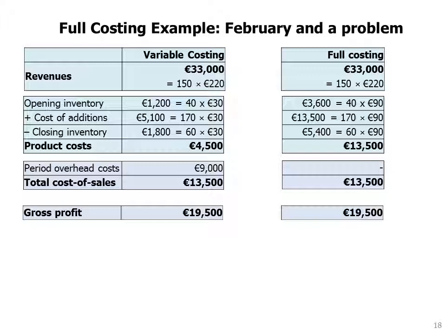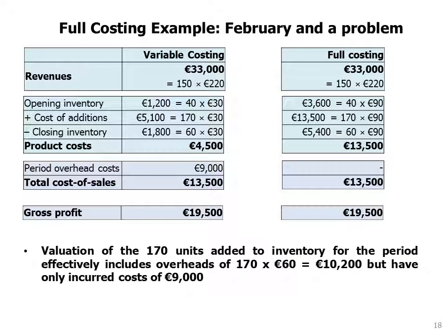We have a problem, and the problem is this. The 170 units that we have added to our product costs include overheads of 60 euros per unit. So the total overheads which have been reflected in those product costs are 170 units at 60 euros each, which is 10,200 euros.